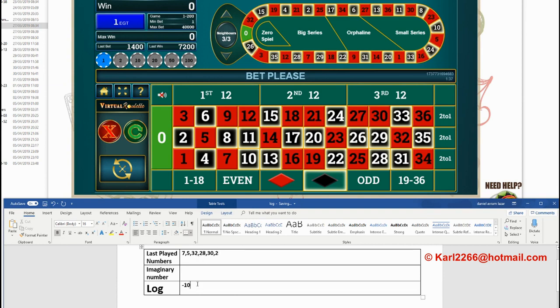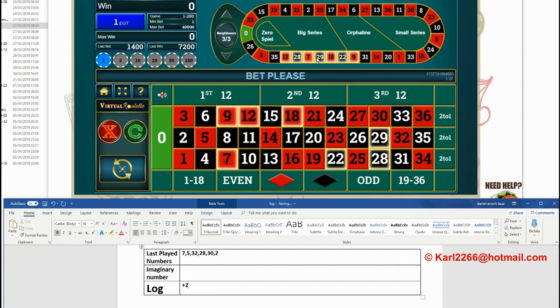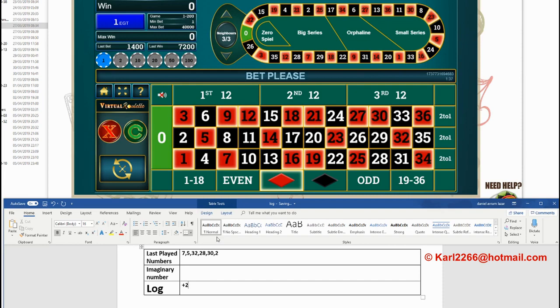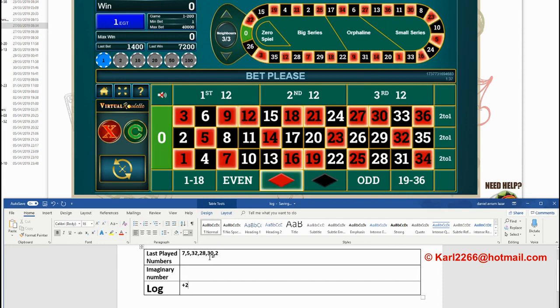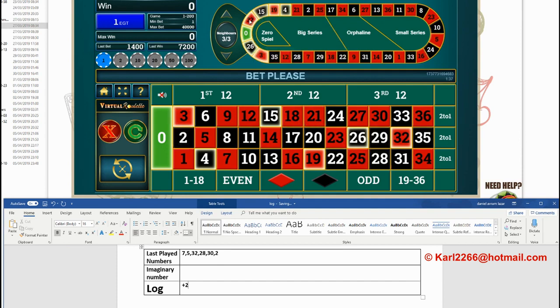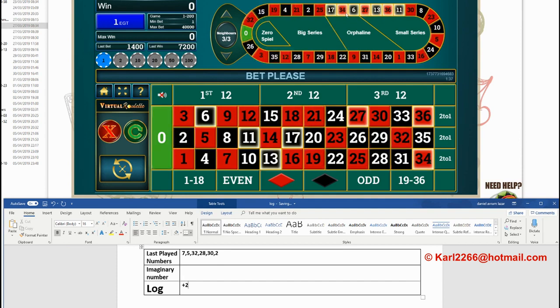So I will say we got a new logarithm, which is plus 2, because 32 plus 2 is terminals from 34 is 29. 28 plus 2 is 30, we got 30. 30 plus 2 is 32, terminals from 32 is 25 and 27, we got 2 near. So with number 2 we got plus 2, so it's 4. We got a new imaginary number, which is number 4.